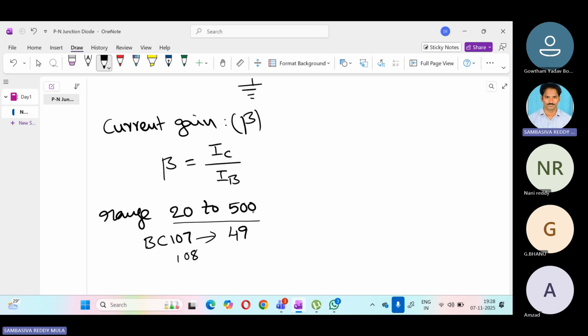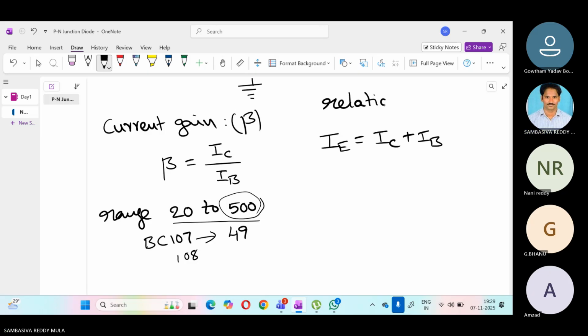We use this much gain in power amplifiers, and the cost also proportionately increases as the gain is more. So this is beta. We know the relation IE is equal to IC plus IB, so we can determine the relationship between alpha and beta.